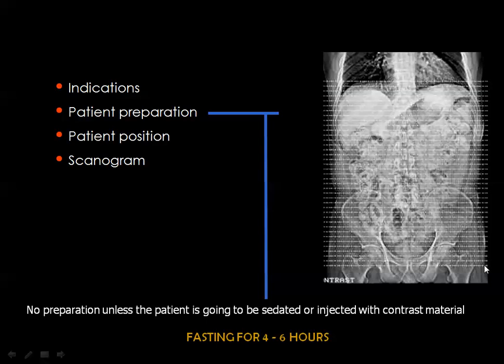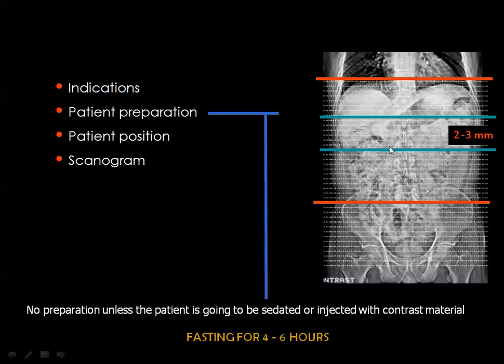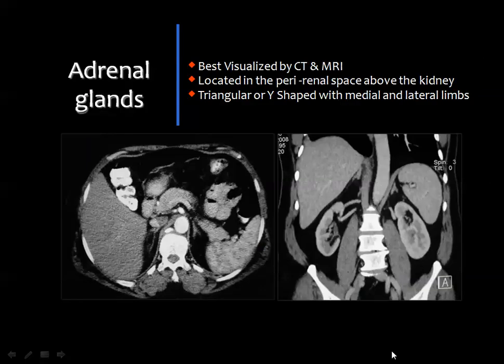By CT, you have the scanogram, and you specify the area to be scanned from the cupula of the diaphragm down to the iliac crest, with intervals of 1 centimeter, except in the region of the adrenal gland where you should have thin slices in the range of 2 to 3 millimeters. You may also reconstruct the images in the coronal plane like this or in the sagittal plane.